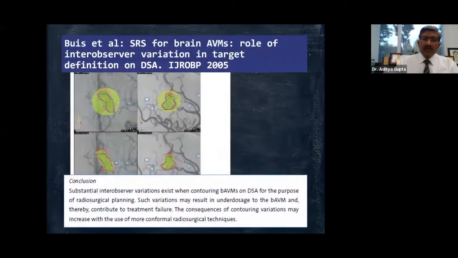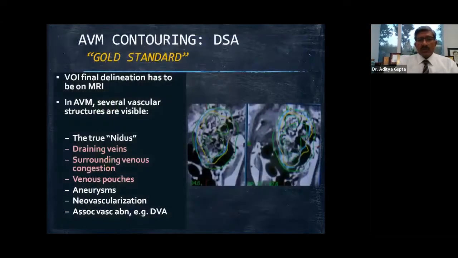And this is a study published in AGRIM in 2005, in which the conclusion was that there is a very substantial inter-observer variation when contouring brain AVMs. So this is a significant problem from institution to institution.